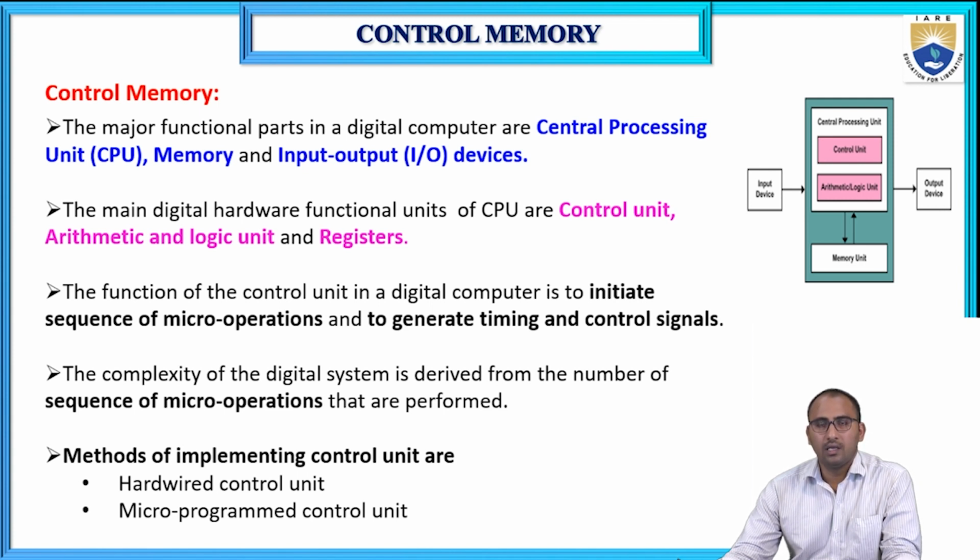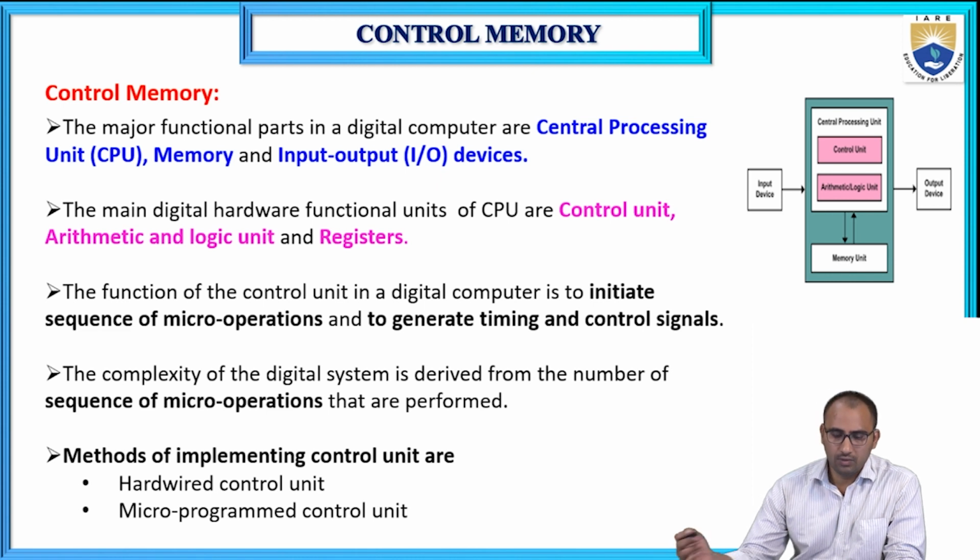In general, the control unit can be used to generate some timing and control signals. So, see here, control memory. If you consider a basic digital computer system, mainly it consists of three functional parts.